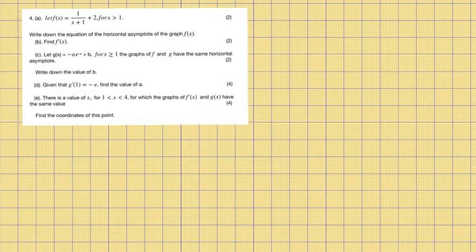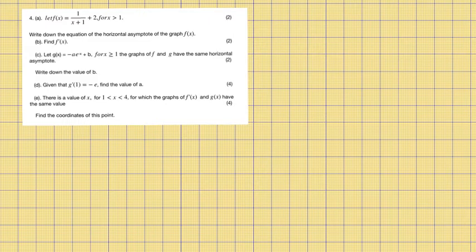4a. Let f of x equal 1 divided by x plus 1 plus 2, for x is greater than 1. It must be greater than 1 because we can't have 0 on the bottom. Write down the equation of the horizontal asymptote of the graph f of x.